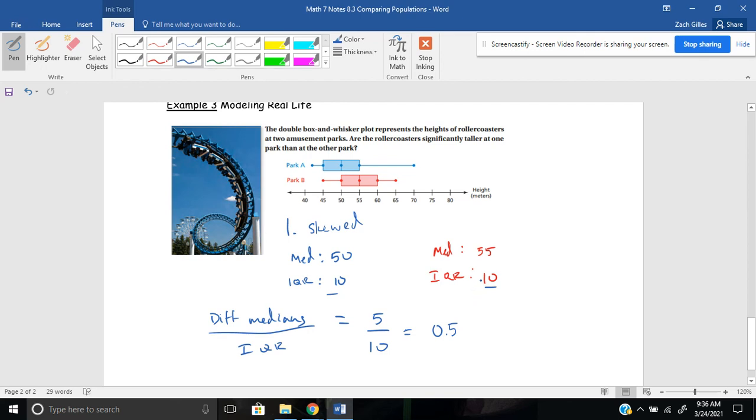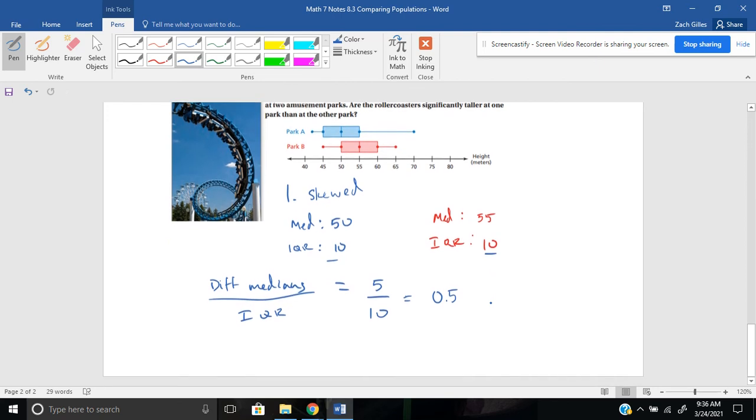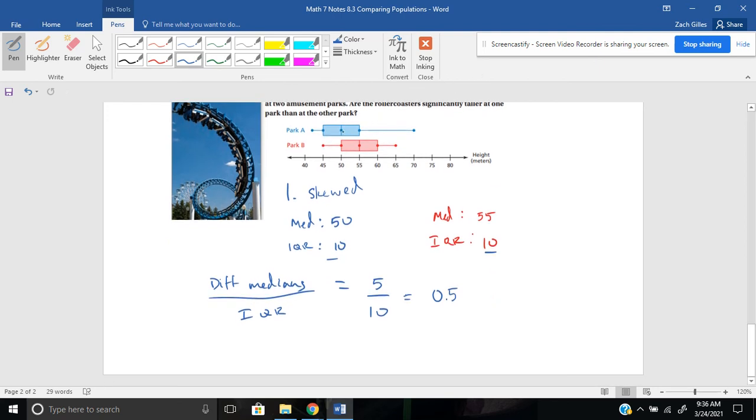And because that answer is less than 2, the difference in the medians is not really significant. You can see just by looking at it, we have quite a bit of overlap here. They have very similar heights in our data. This number is small, so that means we have a lot of overlap, or similar data.